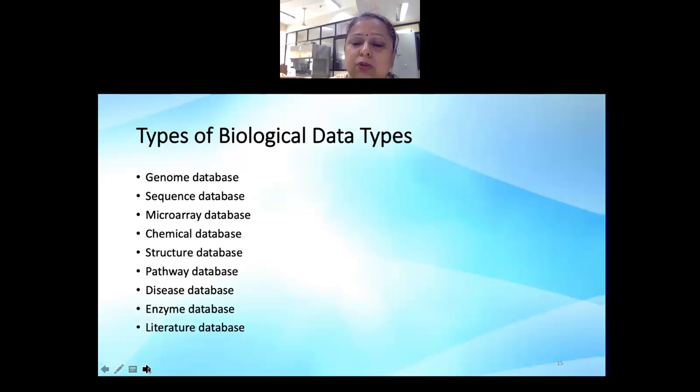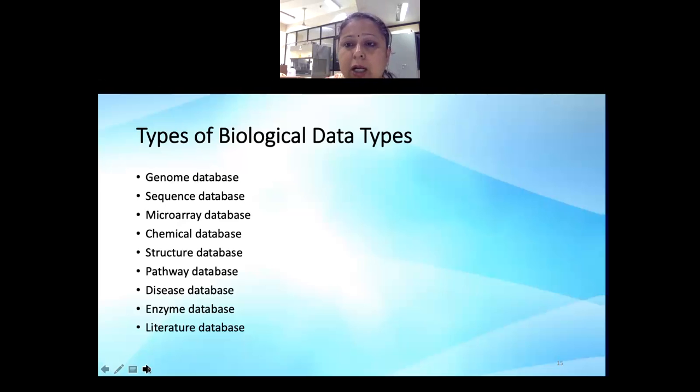Structure database, where you have information about the structure of a particular compound of a particular nature. Pathway databases, where you can find out different pathways that occur in a body, ranging from different organisms, from smaller organisms to Homo sapiens.